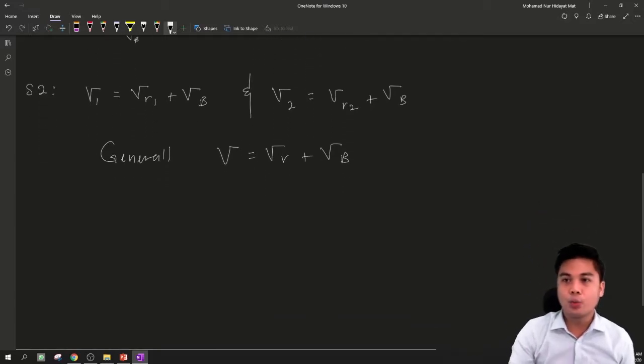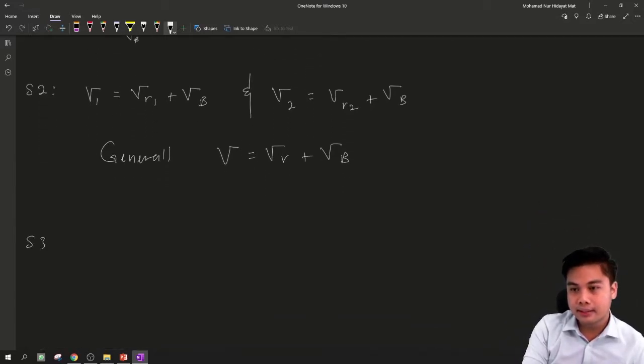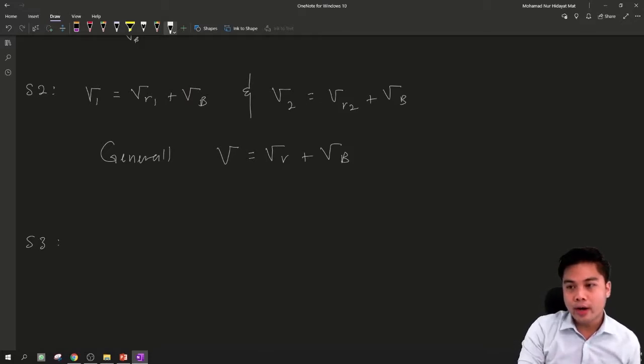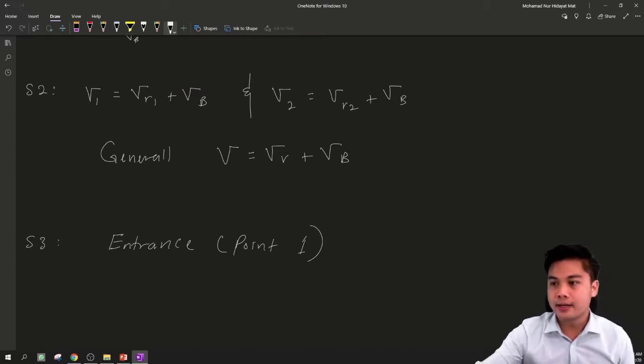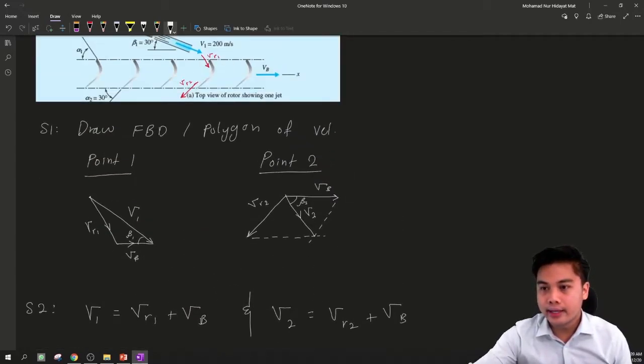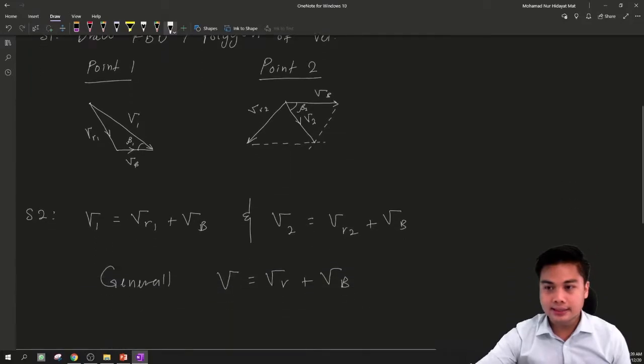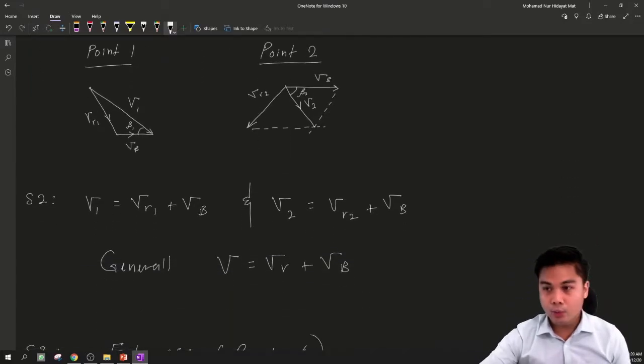It's very simple, alright? In general, the same thing. So let's start with step number 3. Let's start with point 1 at the entrance. What do we have here? Let's focus on the Y component.